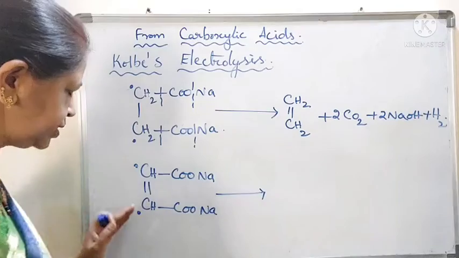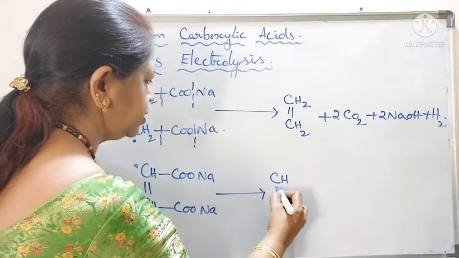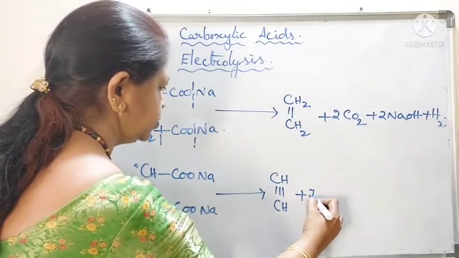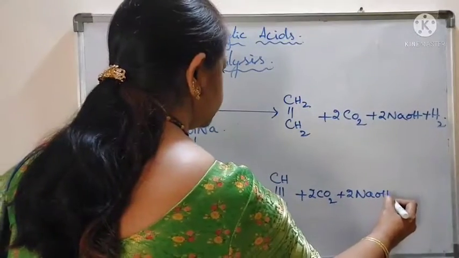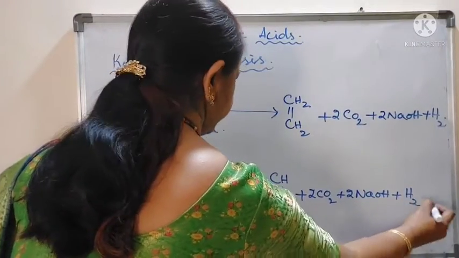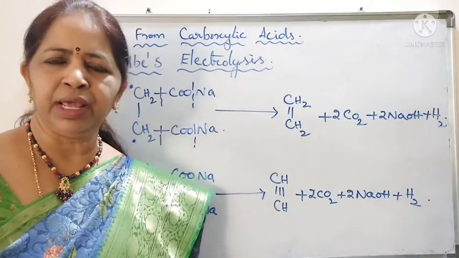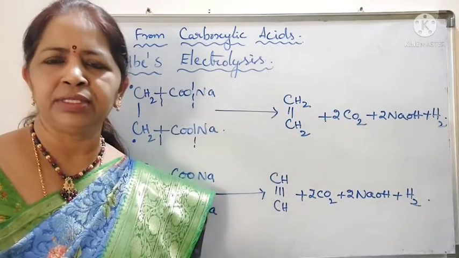The free radical site is obtained here, and it forms CH triple bond CH plus 2 CO2 plus 2 NaOH plus H2. This is the reaction.